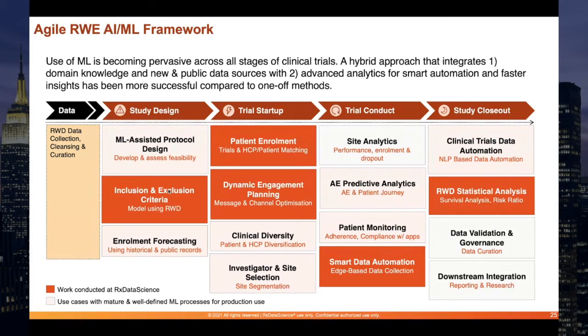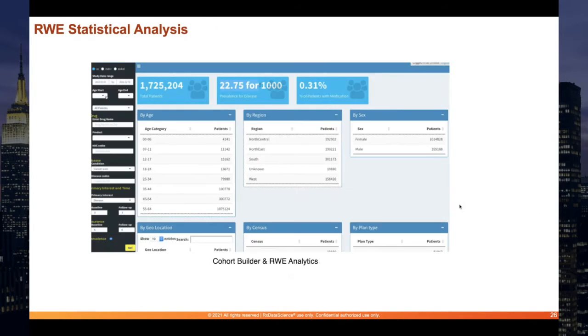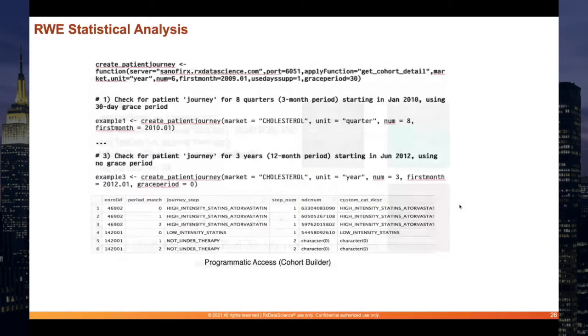So you try to narrow down the right set of IE criteria that's going to get you more patients, patient enrollment, dynamic engagement planning, and so on. The part that we had done traditionally in the past is the RWD statistical analysis part, which is mainly to do with survival analysis, risk ratio, hazard ratio, and so on. These are some applications that we had developed, but I won't go into them right now.